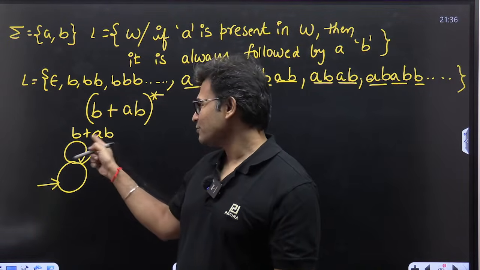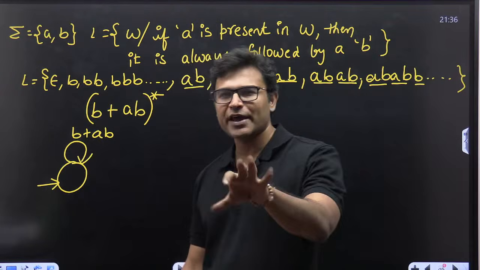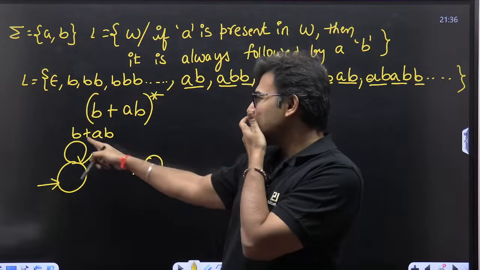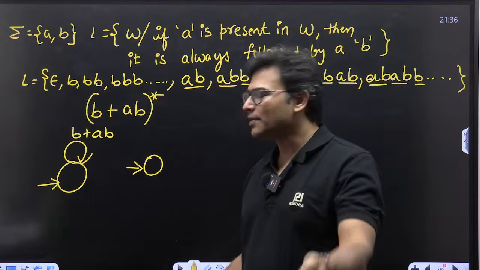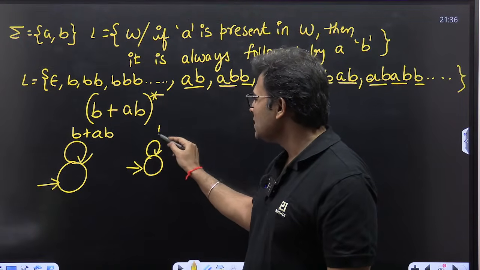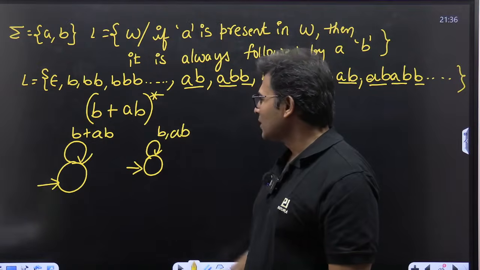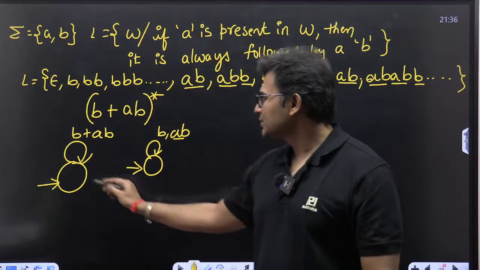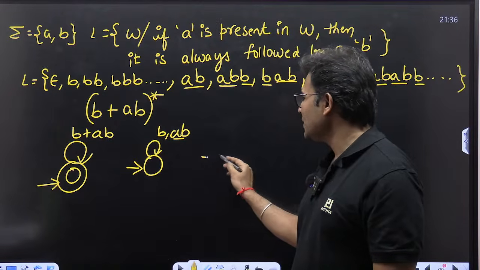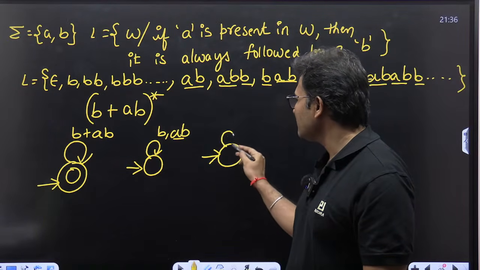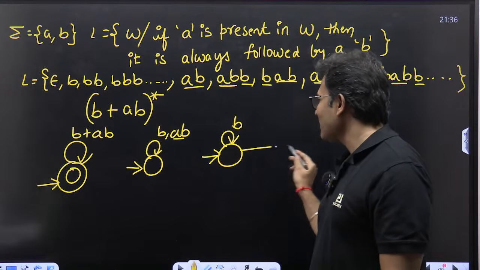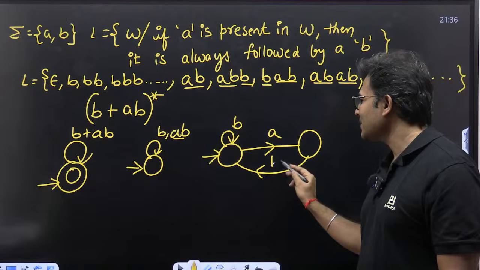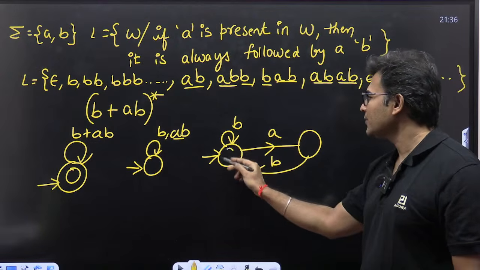You cannot have B plus AB as a transition, but I'm just trying to explain something. B plus AB means either B or AB, right? Now expand AB. So this is the final state. Now expand AB. So you are going to get a B. Now expand AB, A and then B. I'm just writing AB as a different one, right?